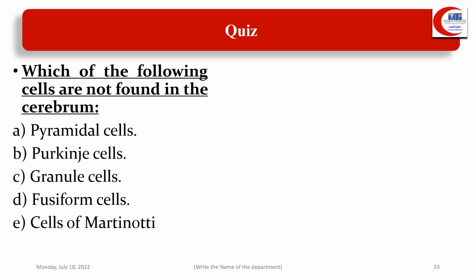Pyramidal, no, it is present in the cerebrum. Purkinje, yes, it is present in the cerebellum. So for this question, the correct answer is Purkinje cell, because this is one of the characteristic cells found in the cerebellum.